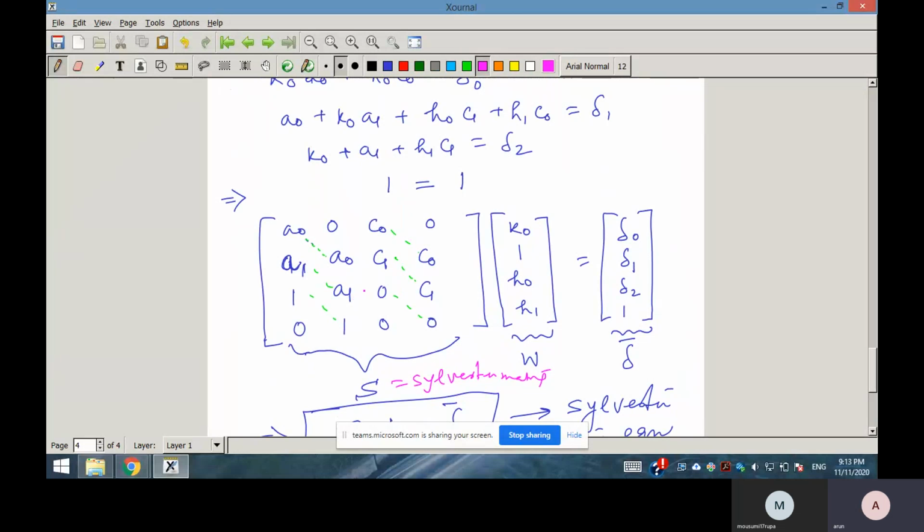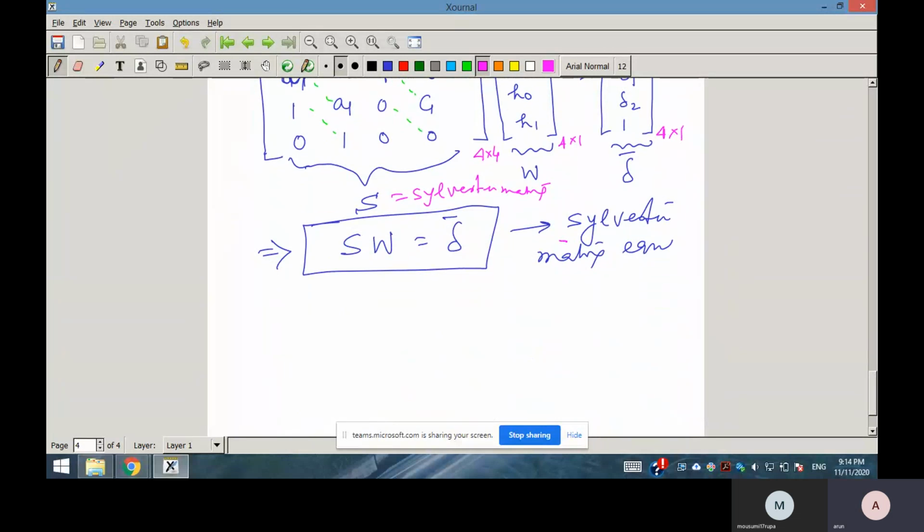So it can be proved. This is a standard result in higher linear algebra. So you can see this dimension is 4 cross 4, and this dimension is 4 cross 1, and this dimension is again 4 cross 1. So this is important. This is your Sylvester matrix equation, and it is invertible.